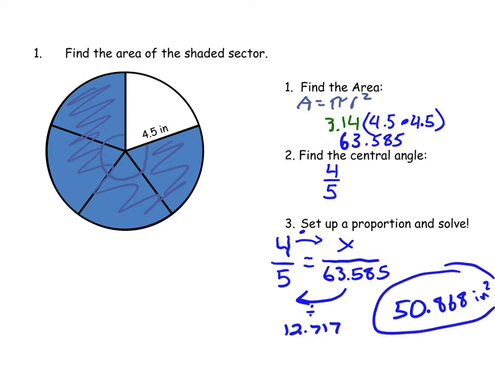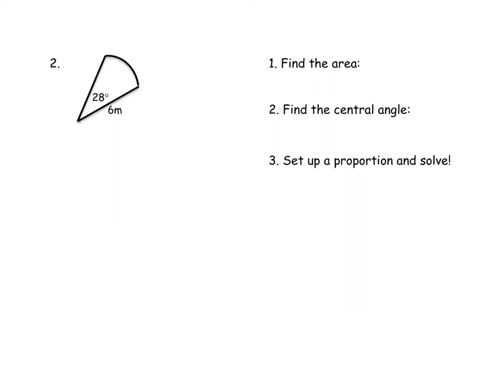Let's try another example. In this problem, they just give us the sector of the circle. Now, we could imagine this whole circle here, not a very good circle, looks something like that. I'm sure your circle would be much prettier than mine. But we just start by finding the area, just like we did in the last problem.